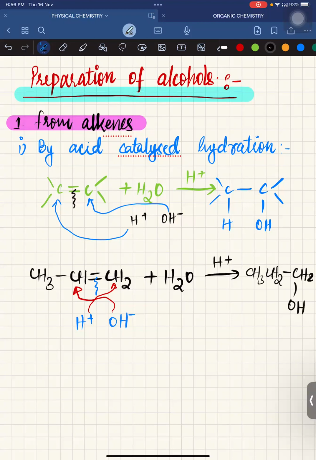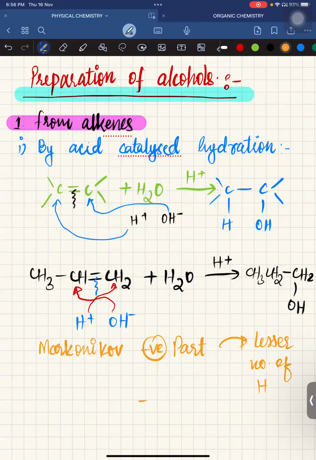So basically it is following your Markovnikov rule. If you remember, what does Markovnikov say? The negative part will go to that carbon which has lesser number of hydrogen, as we did in the first chapter, and the positive part goes to that carbon which has greater number of hydrogen.